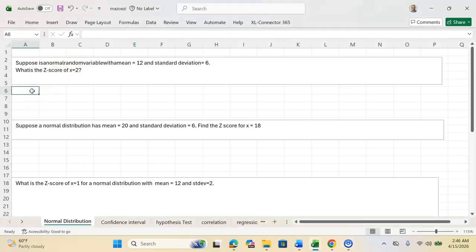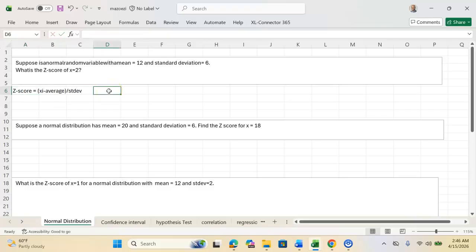To answer this question, we need to know the formula for the z-score, which is x minus the average, divided by the standard deviation. Once you know the formula, it's easier to do the calculations.